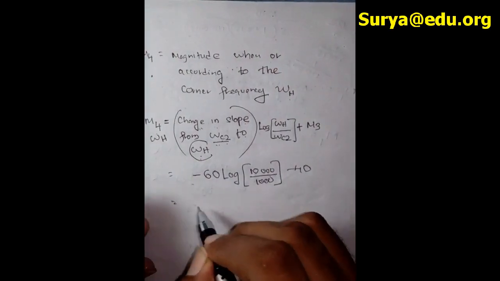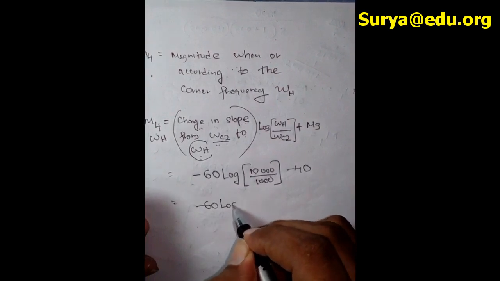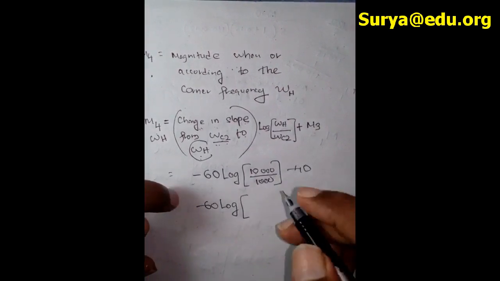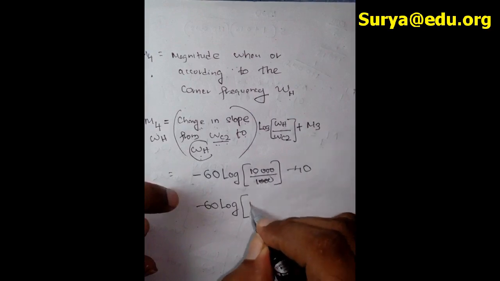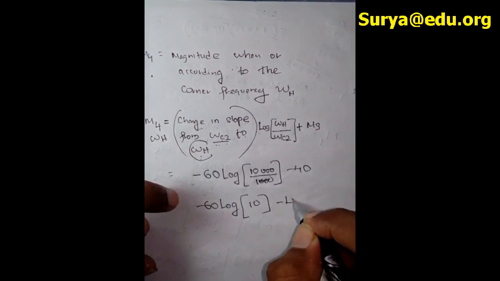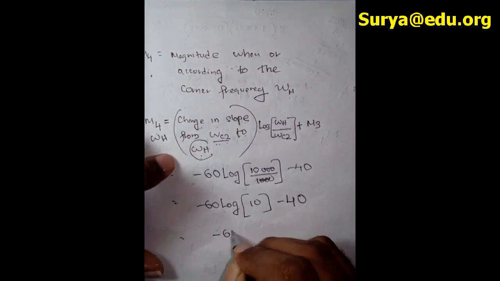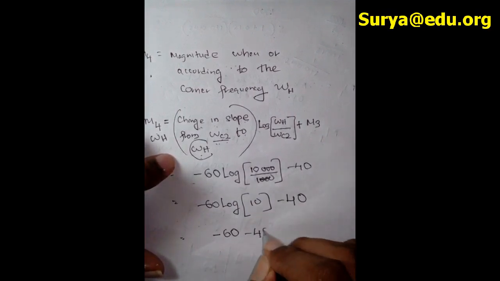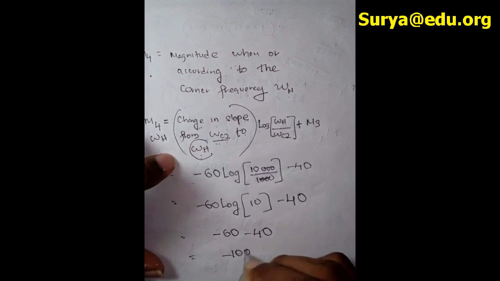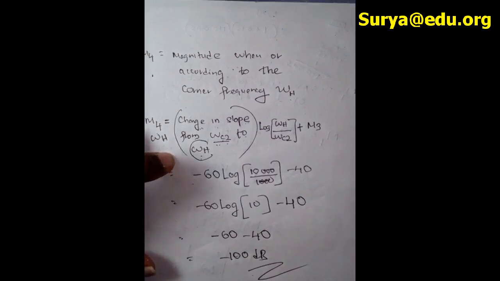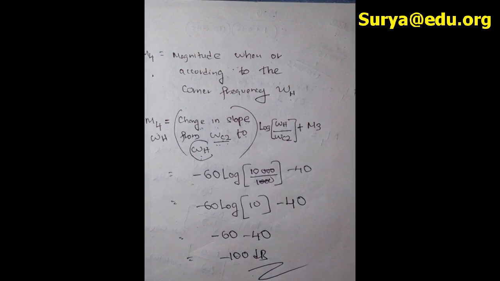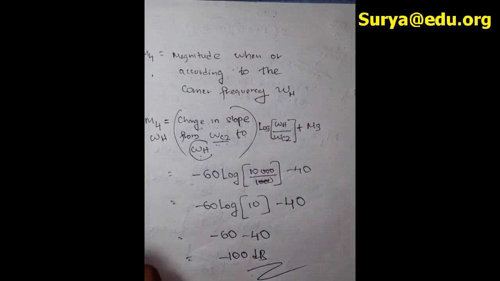So minus 60 times log of 10, minus 40. Log of 10 is 1, so this will be minus 60 minus 40, which is minus 100 decibels.